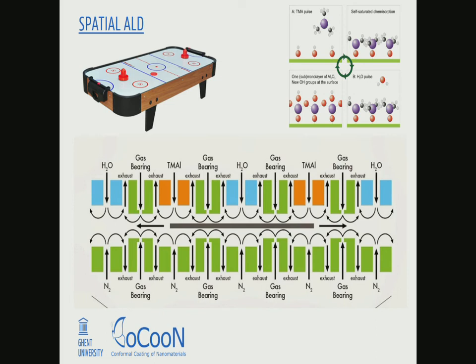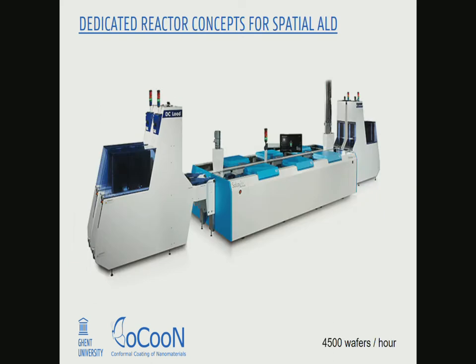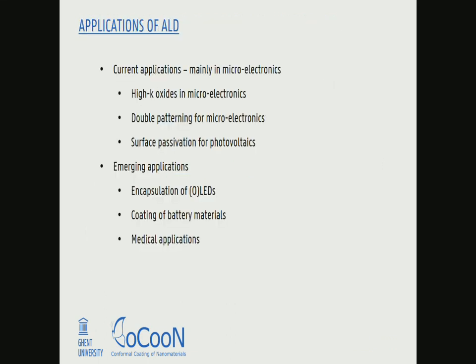And so this is definitely enabling high throughput production. These are the types of equipment, really industrial level, that people have been building for this, and I'm sure this afternoon there will be a lot more details on these spatial concepts.